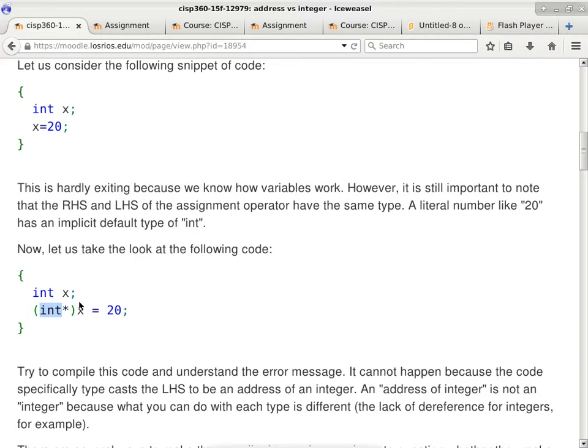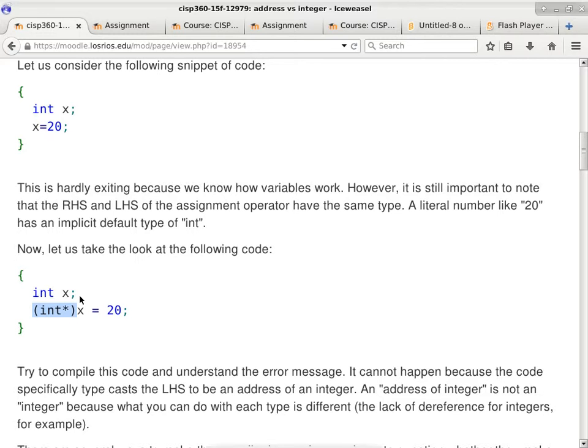It's an address of an integer. So you kind of have to read it backwards. But together, int star, with parentheses around it, you have to have parentheses around this one, it means we are casting. We are telling the compiler, what you knew about x is not right anymore. For this particular case, treat x as an address to an integer.